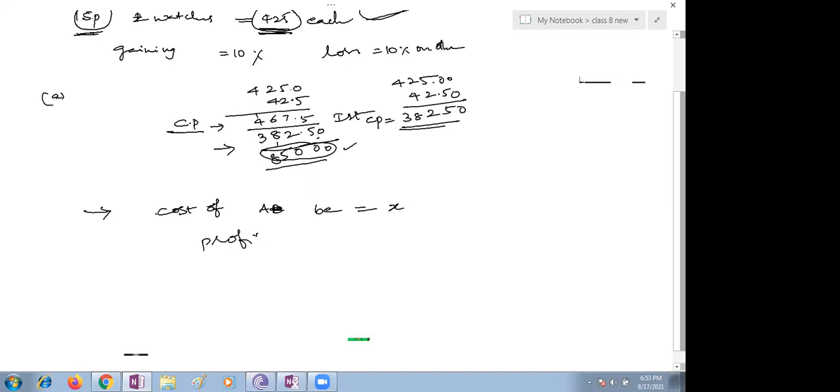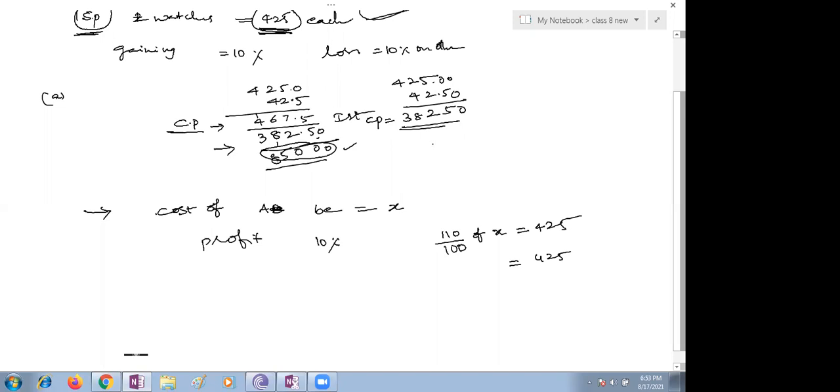They wrote 110 by 100 into X is equal to 425. 120 by 100 into X is equal to 425. They simplified and they got the answer 386.36. Same thing only we did, right, here?